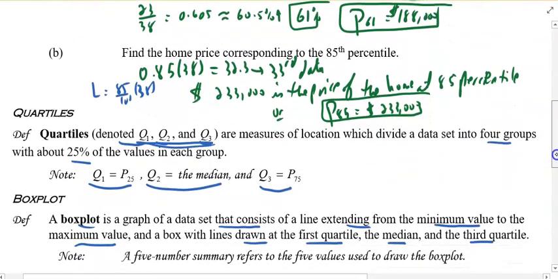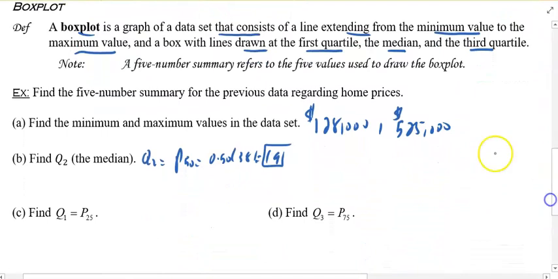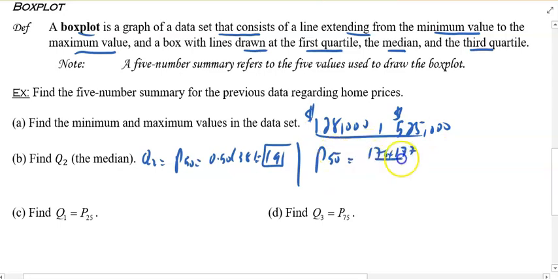I'm going to take 176, so the 50th percentile will be 176 plus 177 divided by 2. That would be $176,500. That's the median.